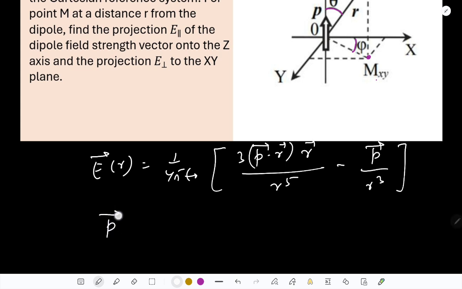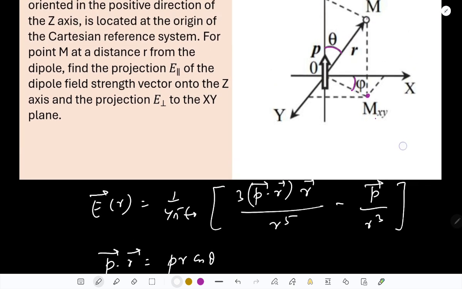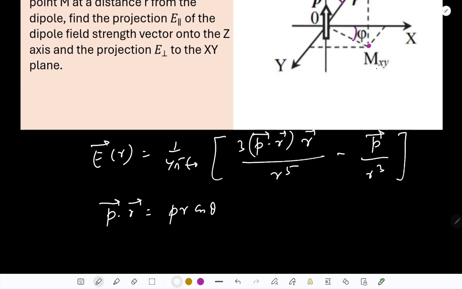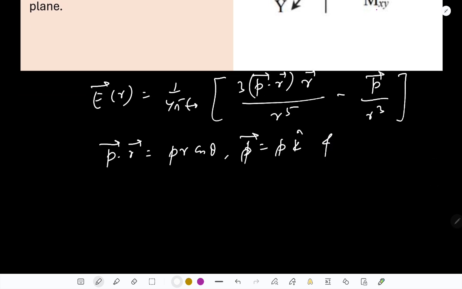Here p dot r is p r cos theta, because the angle between p and r is theta. Vector p can be written as p k, unit vector k, since it lies along the z-axis, and r can be written simply as x i cap plus y j cap plus z k cap in the Cartesian coordinate system.